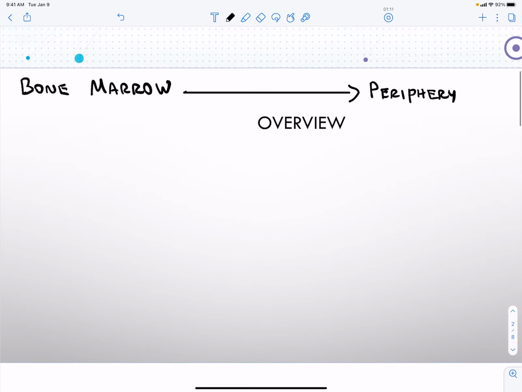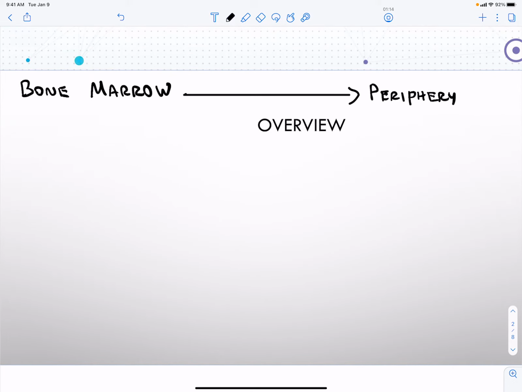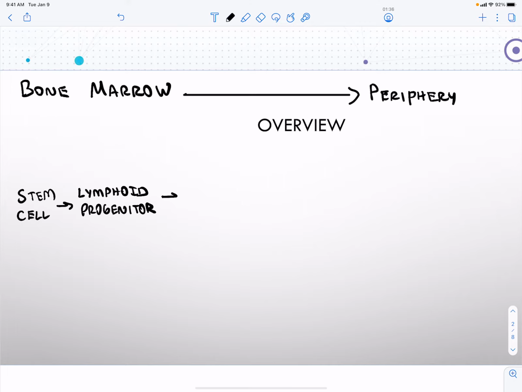Now, with respect to the bone marrow, it starts, as we said before, with hematopoiesis. So you're always going to have a stem cell. Now, this, of course, is going to be that pluripotent stem cell, which then becomes the lymphoid progenitor cell. And this lymphoid progenitor cell is going to become a pro-B cell.